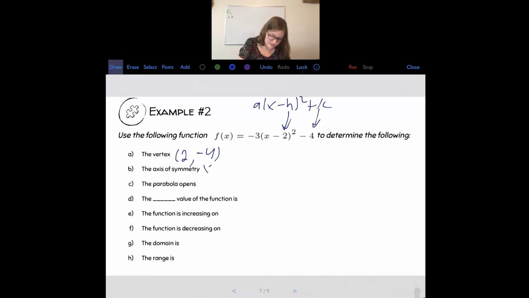The axis of symmetry is the vertical line that goes through the vertex, so x equals 2. This parabola is going to open downward because of the negative 3. If a parabola opens downward, it has a maximum value, and that maximum value of the function is the y-coordinate of the vertex.